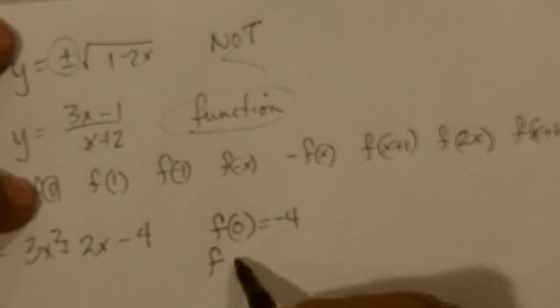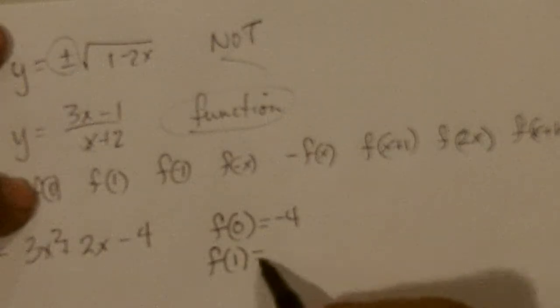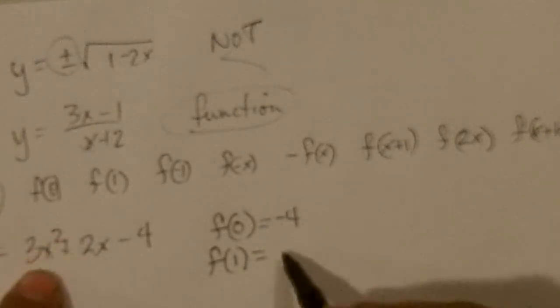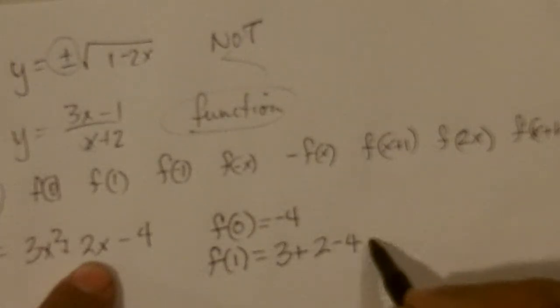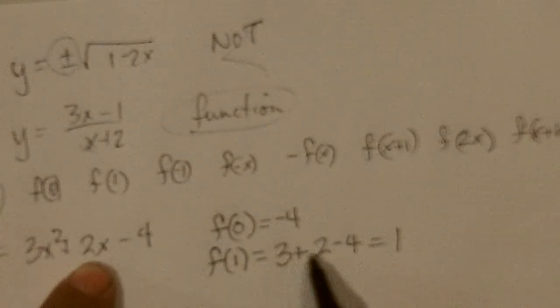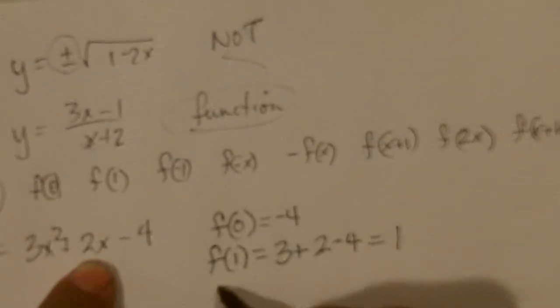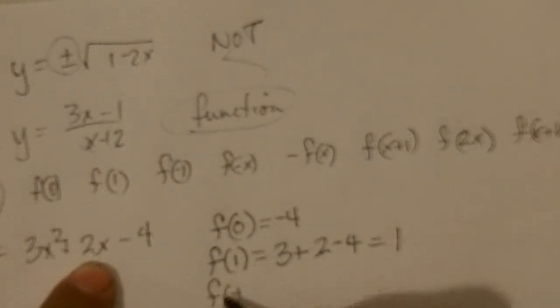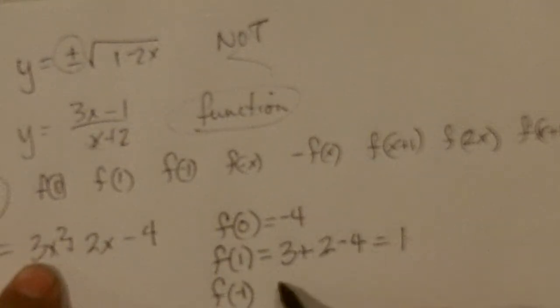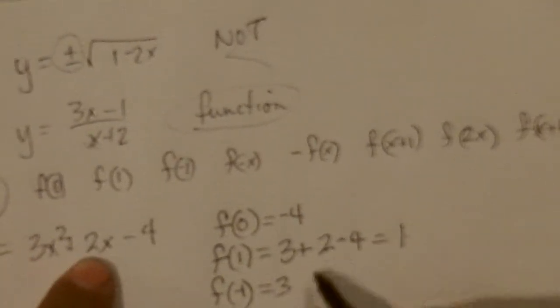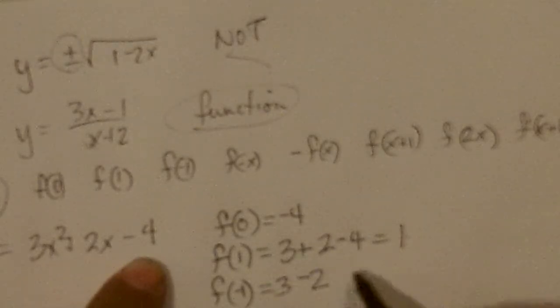If I put in 1, then I get 3 times 1 squared, which is 3, plus 2 times 1, which is 2, minus 4, and that's 1. 5 minus 4 is 1. If I do f of -1, -1 squared is 1 times 3 is 3. 2 times -1 is -2, minus 4, and that's 3 minus 6, which is -3.